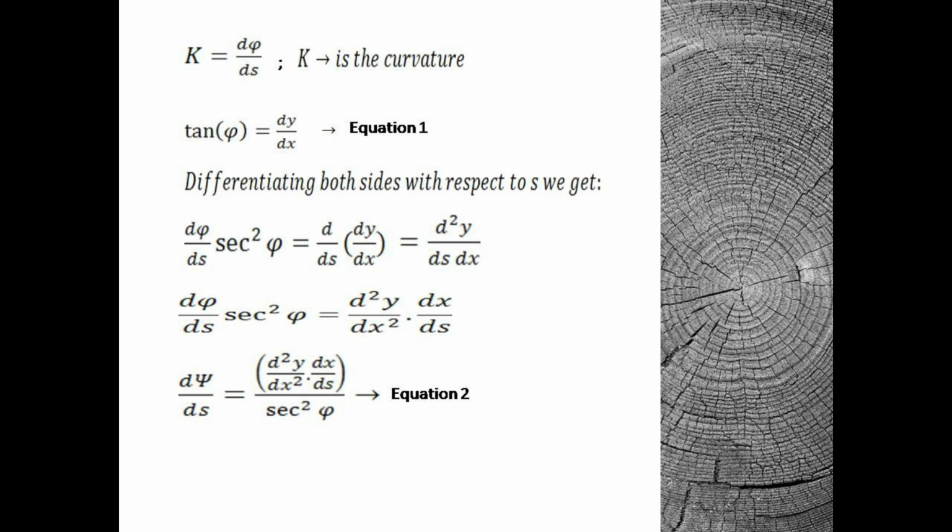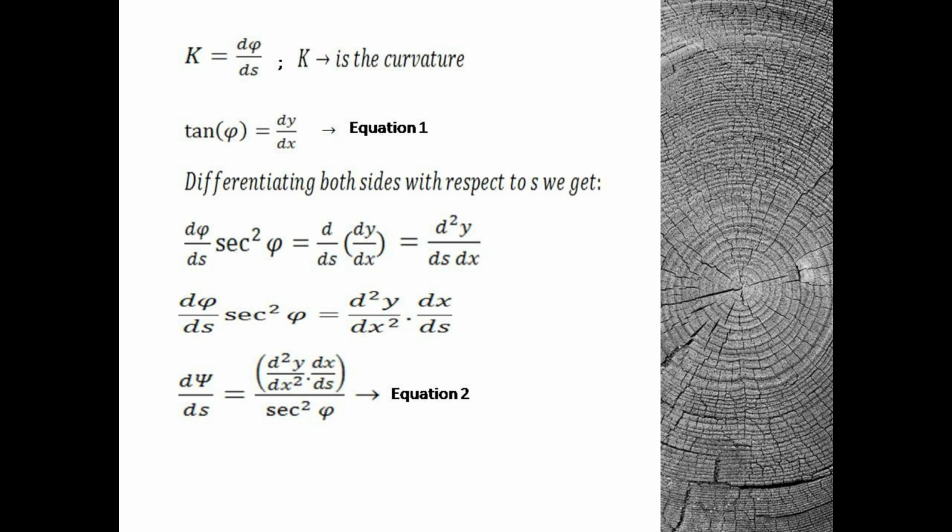Now differentiating both sides with respect to s, we get d psi over ds multiplied by secant square psi is equal to d by ds of dy by dx, which is equal to d square y over ds into dx.